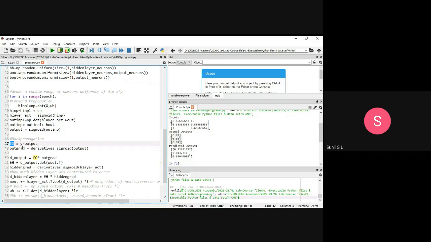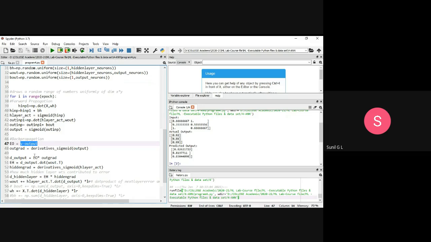Here we are applying the derivative of the sigmoid of the output, and then multiplying with the error, y minus output. Whatever errors we get will be multiplied with the derivative of the output.